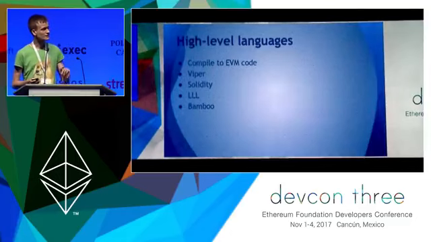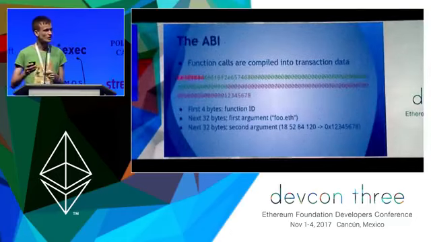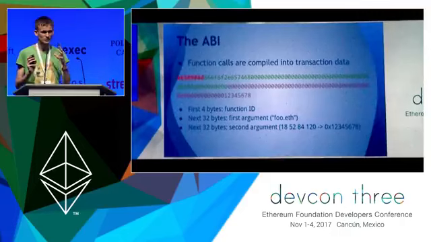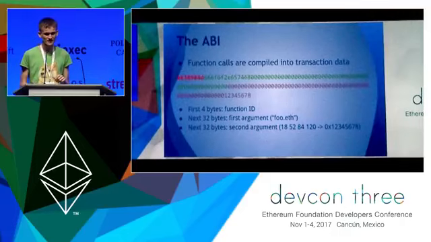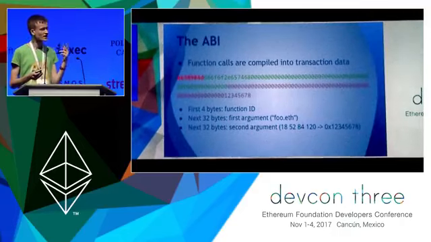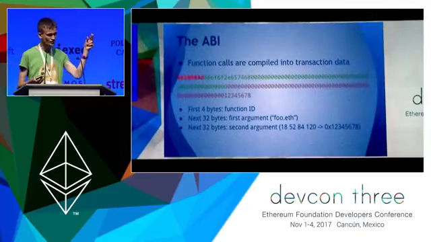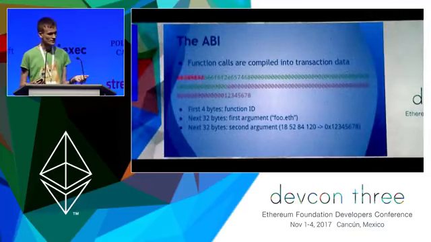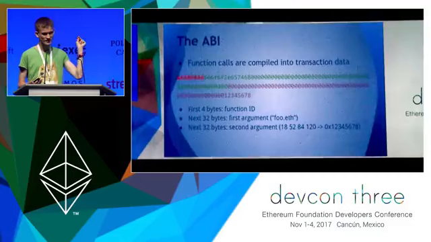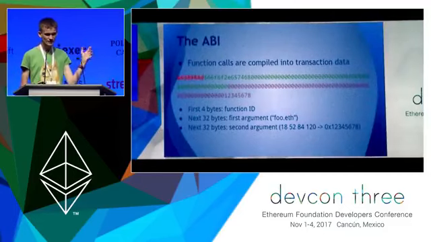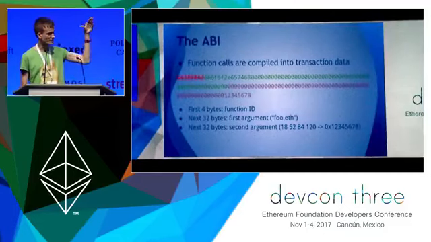So the ABI. This is the way that function calls get compiled or encoded into transaction data. So if you're making a function call, what it's actually doing is creating a transaction, and the transaction has data which is specified in this format.